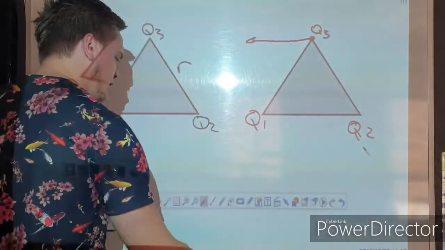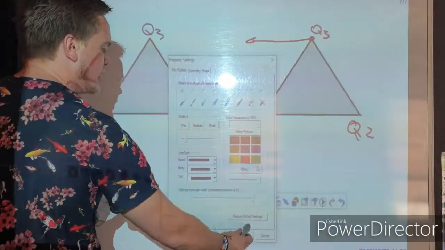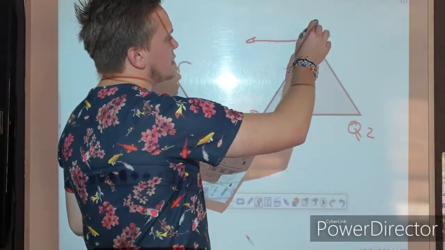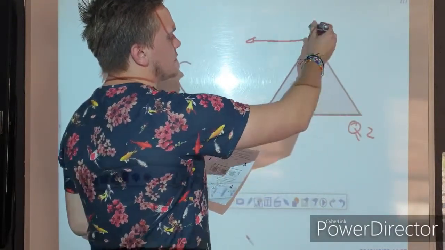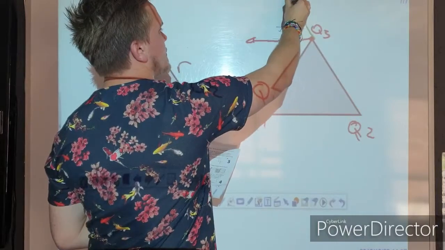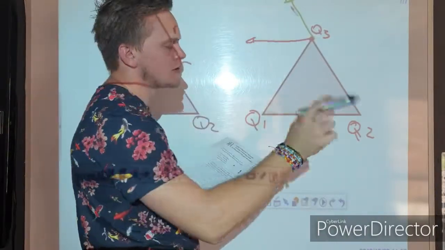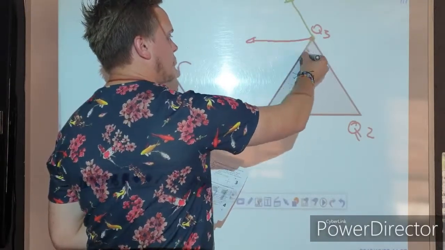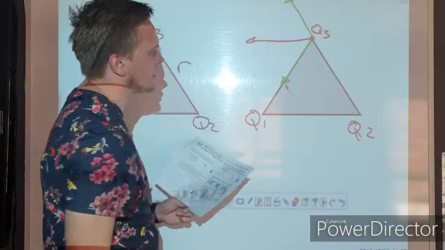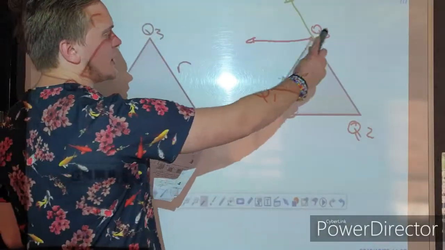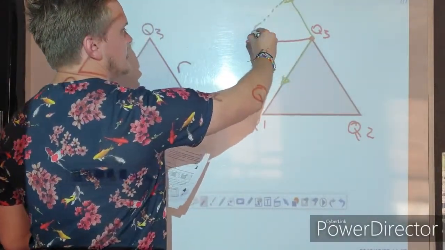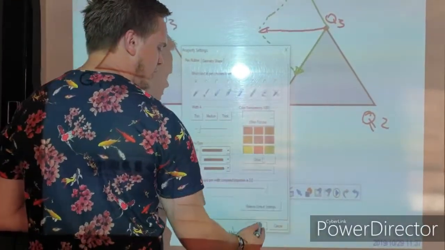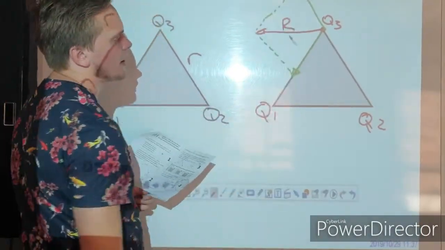That means that to have a resultant force to the west, Q3 will experience a force going up because of Q2, so it's a repulsion, and a force going down here because of Q1. And how did we get that resultant force again? We drew our parallelogram, and then we got our resultant force to be there.